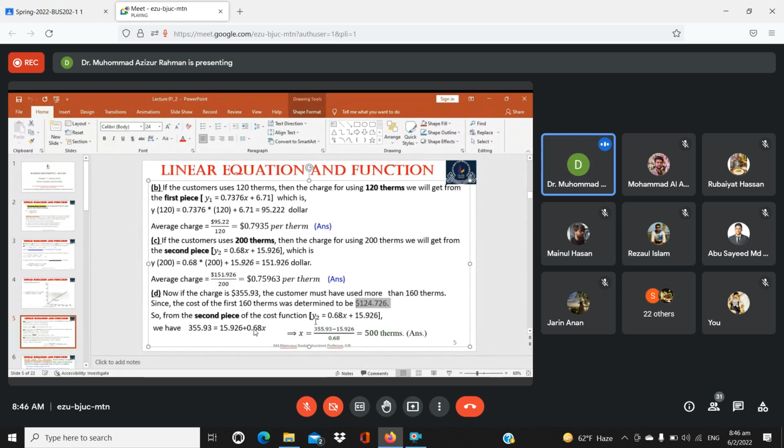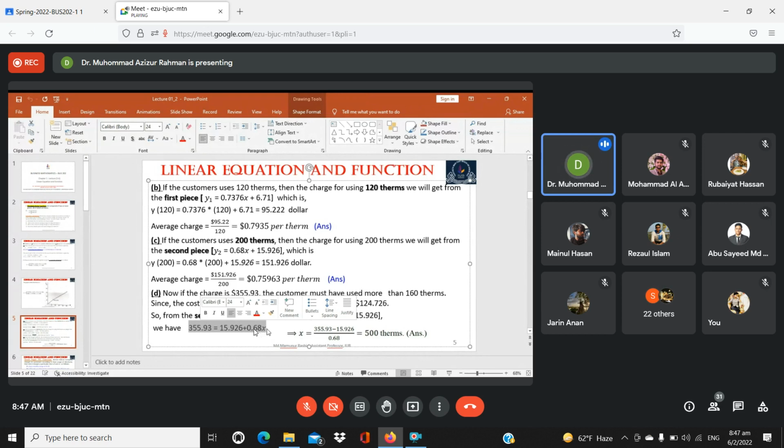The second function is y2 equals 0.68x plus 15.926. If on this second function the cost is 355.93, we need to find the value of x. So we write this equation: 355.93 equals 15.926 plus 0.68x. From this equation we find x.